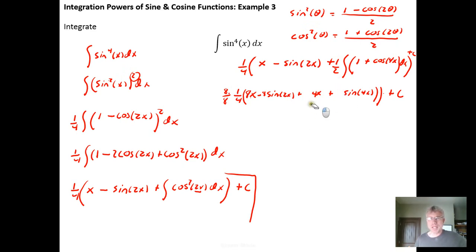And so if I do that, I've got everything inside the parentheses with no fractions, and I distributed this 8 in so I wouldn't have it anymore. So I have a quarter times an 1/8, this is a 32nd of, and I'd have 8x plus 4x, there's 12x's sitting in there, minus 8 times the sine of 2x plus the sine of 4x.